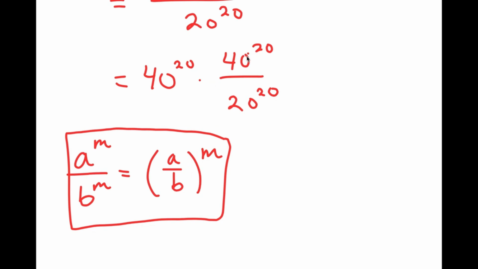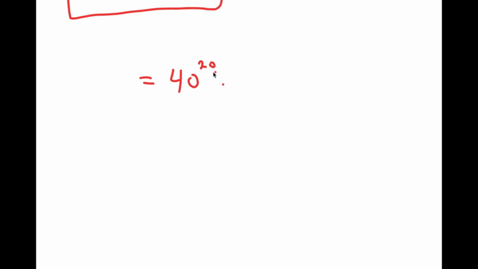So in this case, I have 40 to the power of 20 over 20 to the power of 20. And that's going to turn into 40 over 20 to the power of 20.